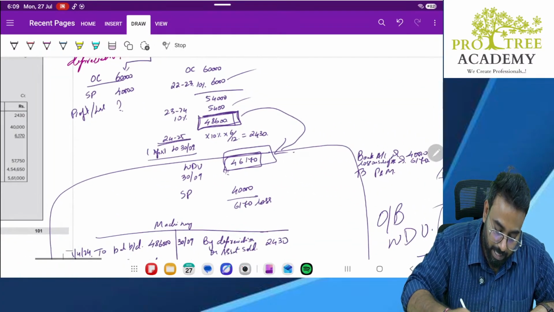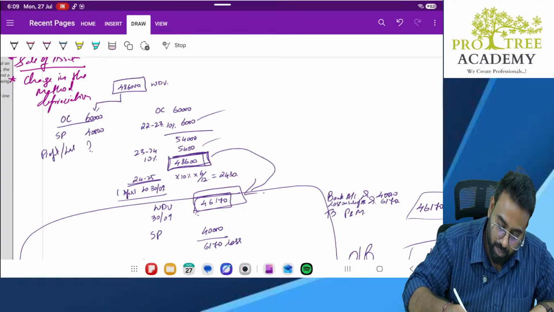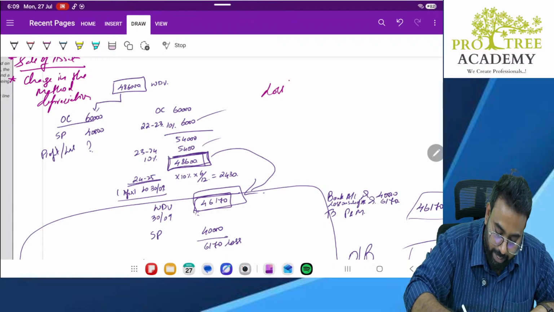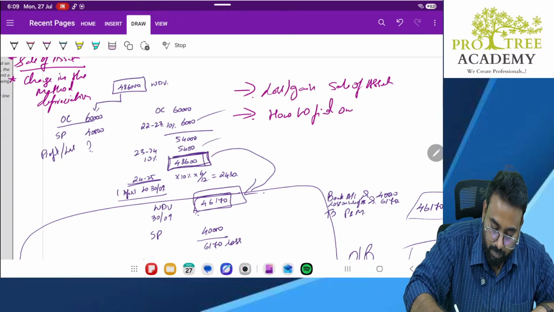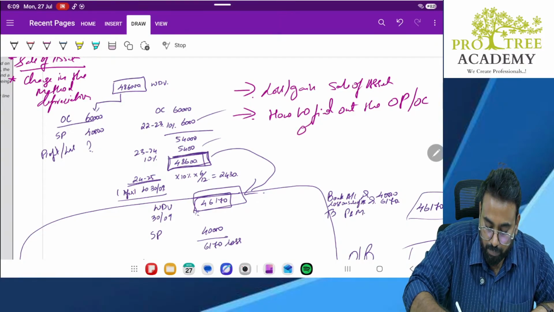Now, in the previous class, we calculated the loss or gain on sale of asset. Then second, we even saw how to find out the original price or original cost of the asset, right?